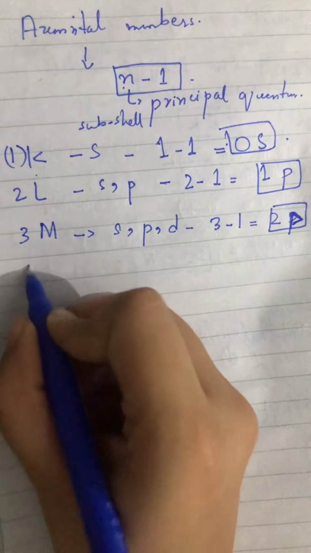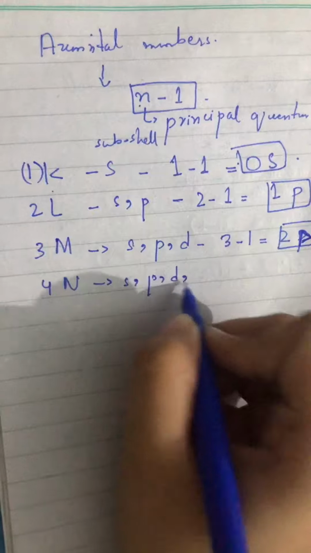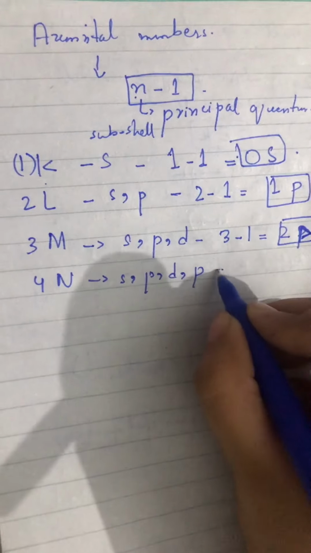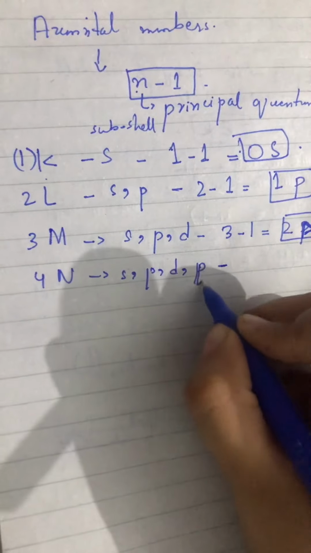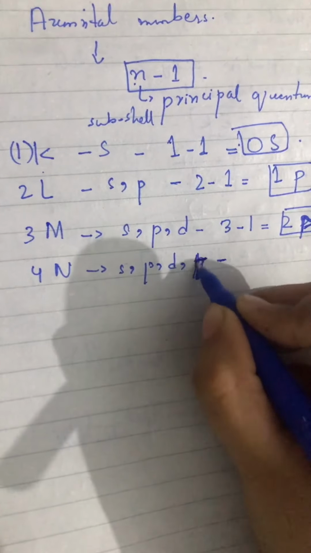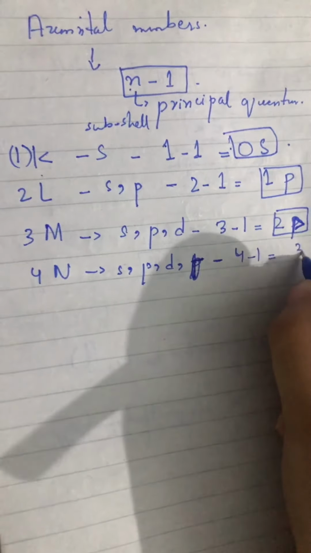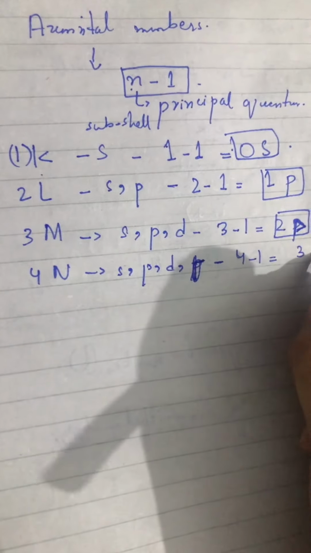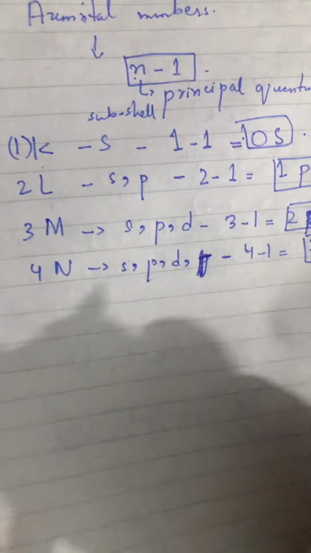Now N has S, P, D, F. There are 4 subshells in N. 4 minus 1 will be 3, so the azimuthal number of F is 3.